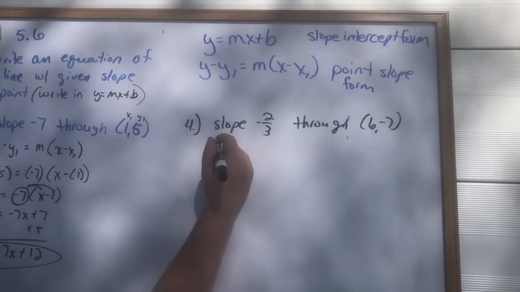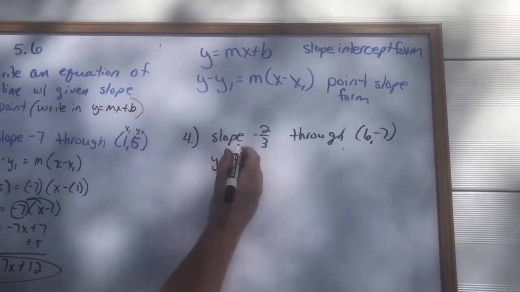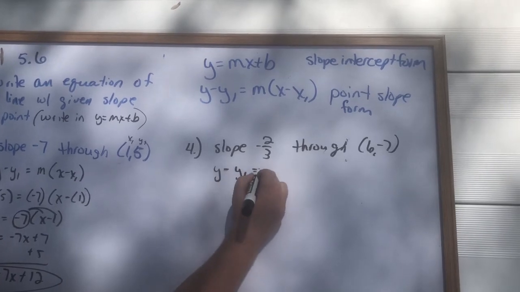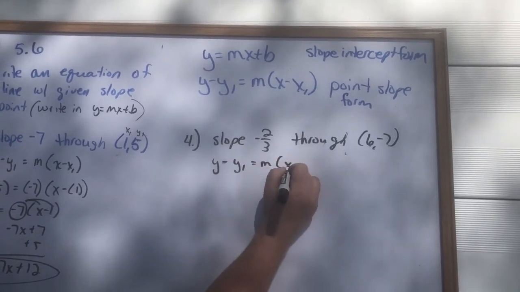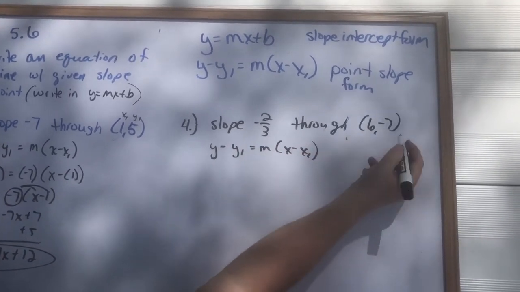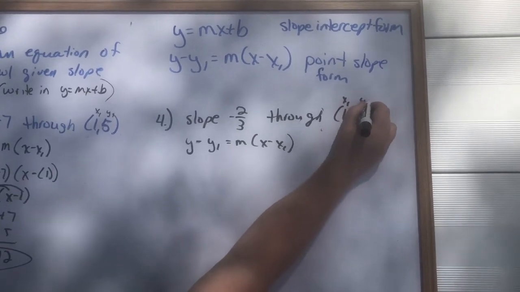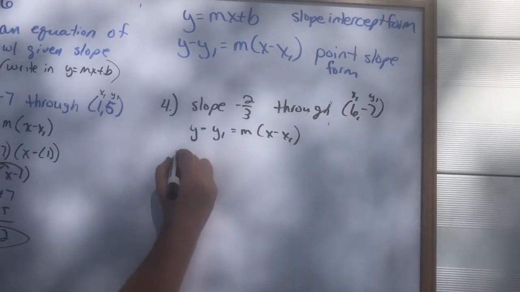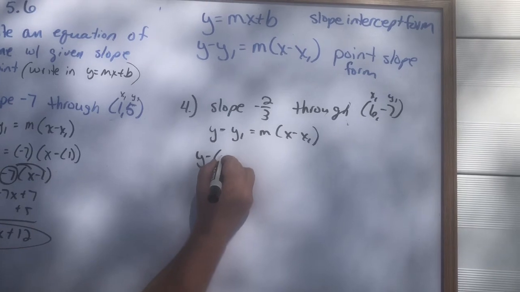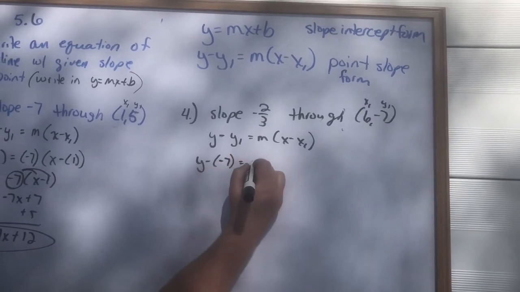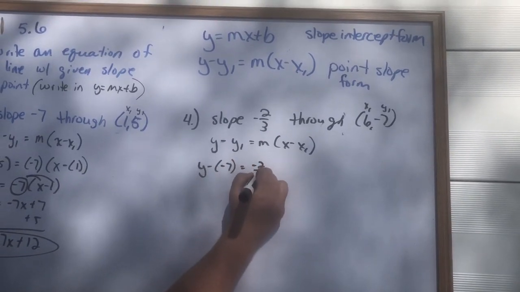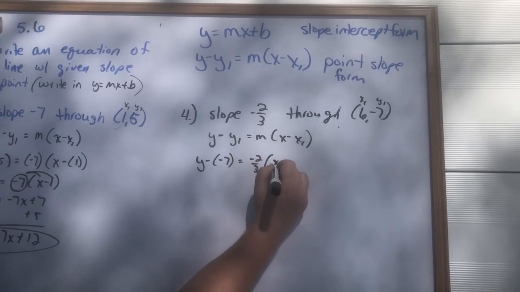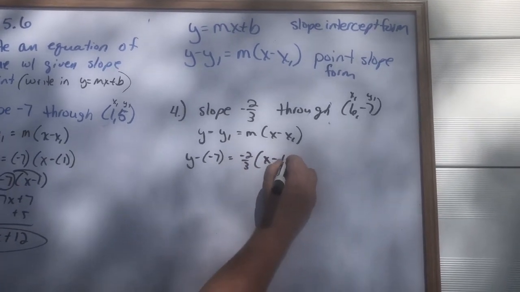So I'm going to write down my formula, which is y minus y1 equals m times x minus x1. I'm going to label my points, x1, y1, and then I'm going to evaluate. y minus (-7) equals -2/3 times x minus x1, which is 6.